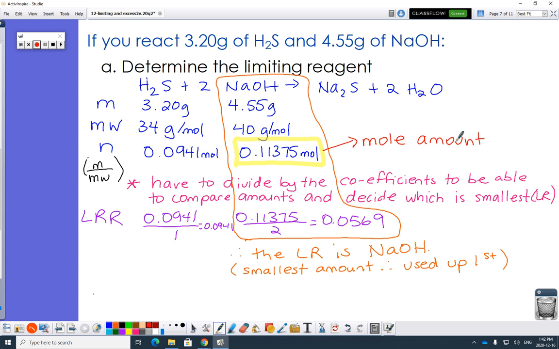If the other one has more left over, then who cares? It's not going to be used up. This one is. And follow the same principles. Always compare moles, never compare grams. We're still going to use the coefficients. So this is just kind of an extension of doing Stoich.